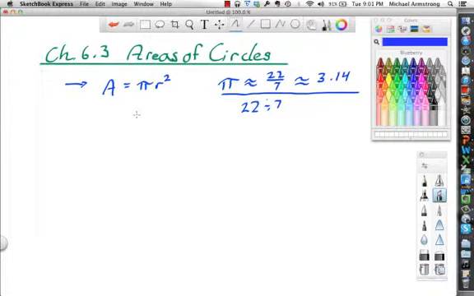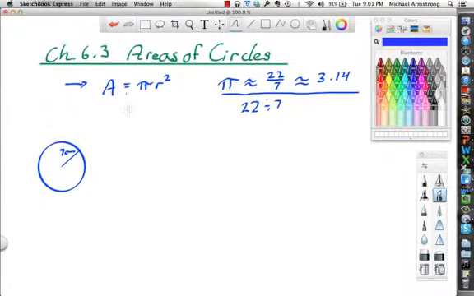And then we're going to just do example number 1, finding the area of a circle. So they draw a circle and it shows the radius. Of course my circles are not going to be perfect, but you just have to put up with me. The radius is 7 centimeters, and so you find the area.